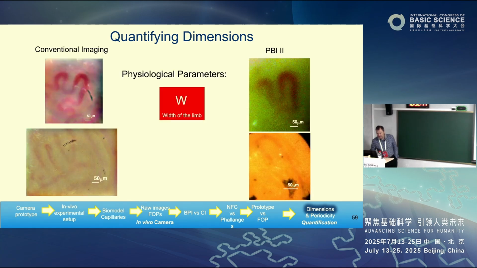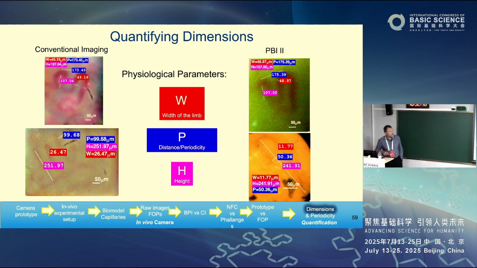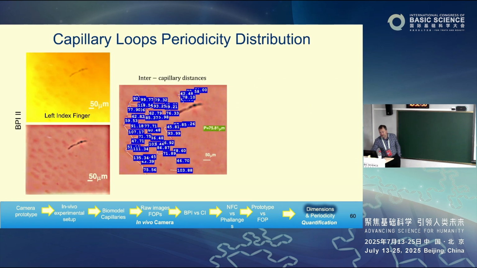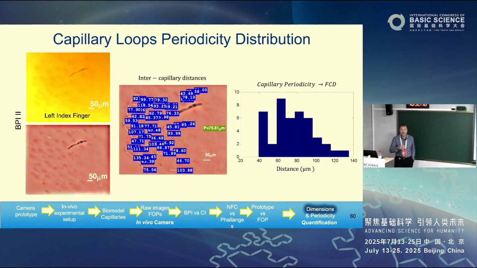So then we started to describe that in terms of trying to retrieve certain processing of the image and coming out with certain parameters that we can retrieve from this image, like width of the limb of the capillary, distance, periodicity, or height of the capillary loop, and so forth, and even providing eventually the statistical analysis or histogram of distribution of those parameters.